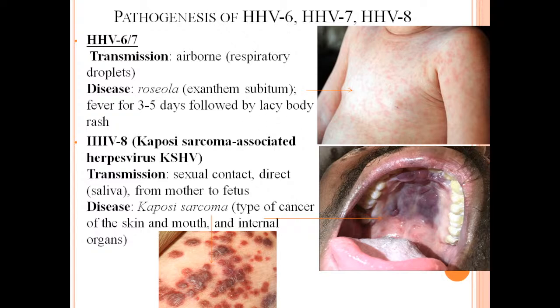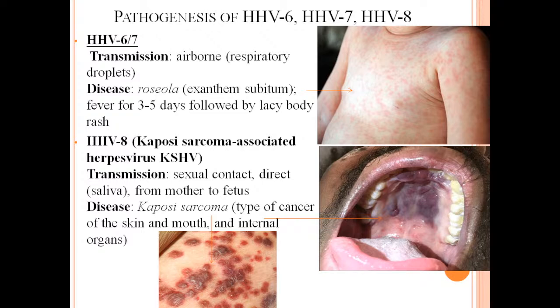Human herpes virus type 8 causes such a disease as Kaposi sarcoma. That's why it is named so. It's also named Kaposi sarcoma associated herpes virus, or KSHV. It is transmitted by sexual contact, direct contact, contaminated saliva, or from mother to fetus.